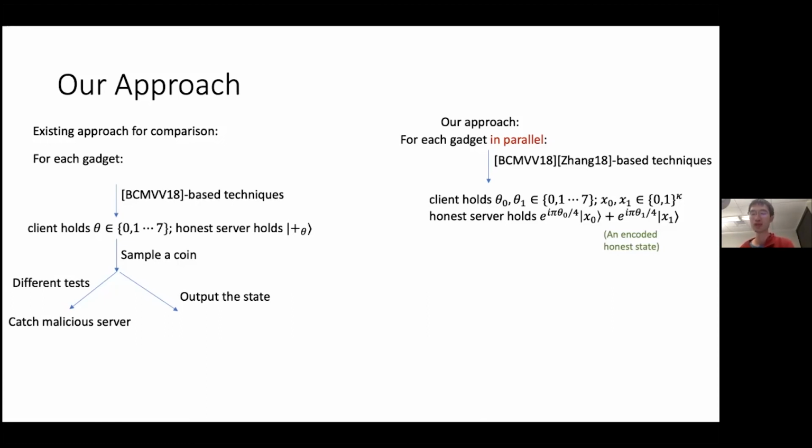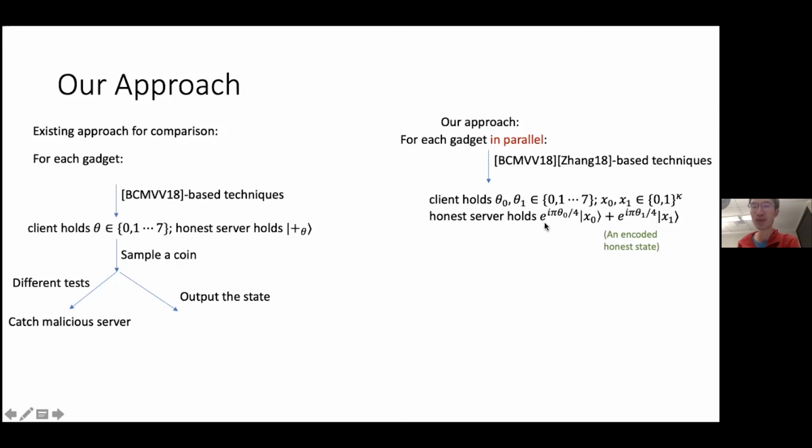Here X0 and X1 are two long strings, which could be understood as the encryption keys of this state. If the client reveals X0 and X1 to the server directly, the server could decode the state and get the plus theta state, where theta is equal to theta 1 minus theta 0.